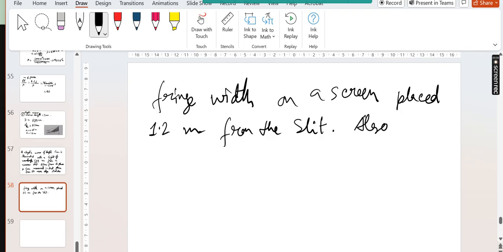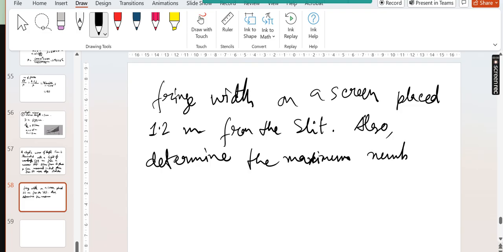Also determine the maximum number of fringes observable.